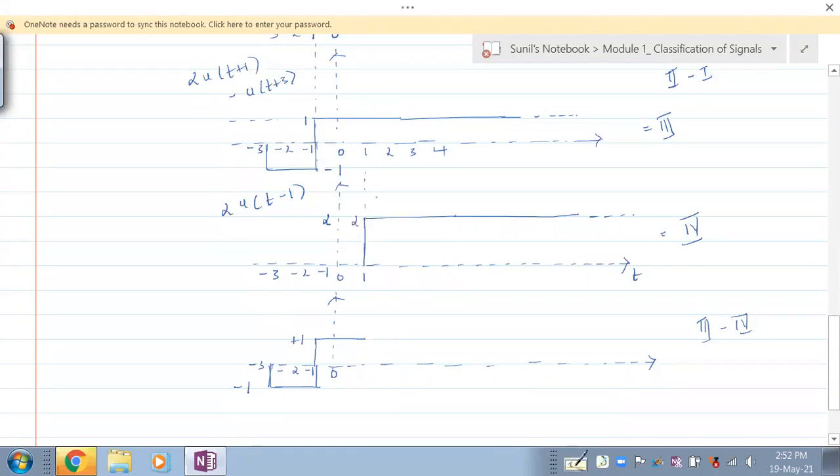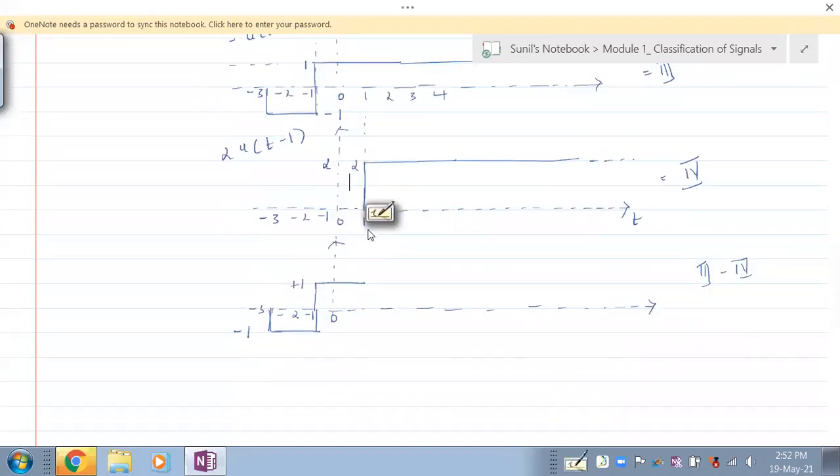So 1 minus 2 would be what? Because we are doing 3 minus 4. So it is 1 minus 2. It would be -1. Yes or no? So let's go with -1 here. From 1 to infinity it is 1, and from 1 to infinity it is 2.